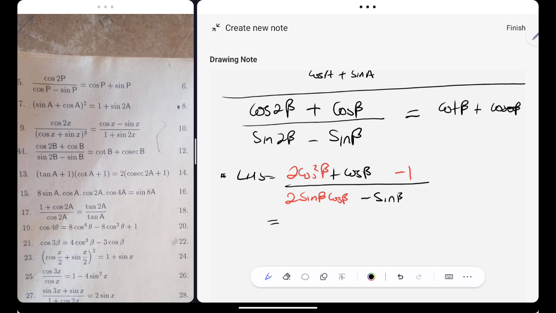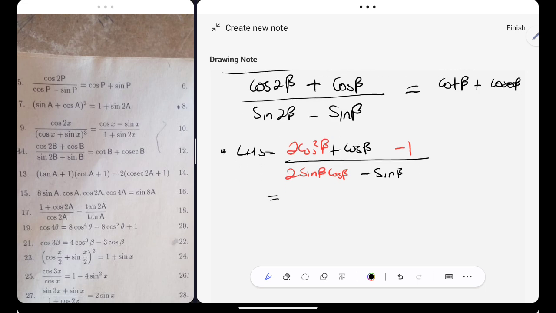Okay, the numerator is factorizable, guys. Trigonometry shouldn't scare you. This thing is simply 2x squared plus x minus 1, which you can factorize. So it's still the same thing, guys. Okay, I have 2 cos beta, then I have a 1, I have cos beta, then I have a 1. The sign of the 1 is negative, which simply means my bracket will have two different signs.